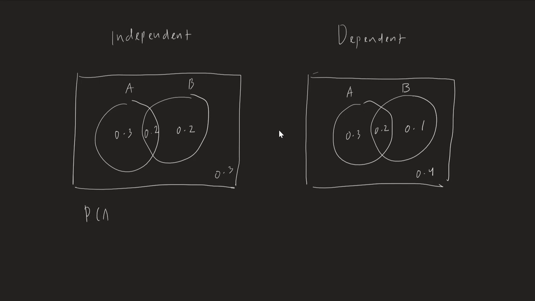What is the probability of A here? 0.5. The probability of B? 0.4. The probability of A and B, just see from the Venn diagram: 0.2.